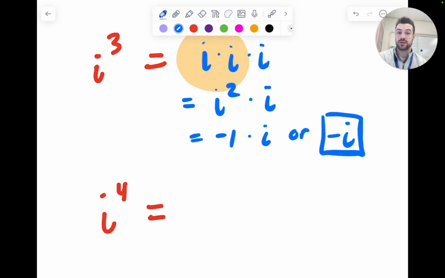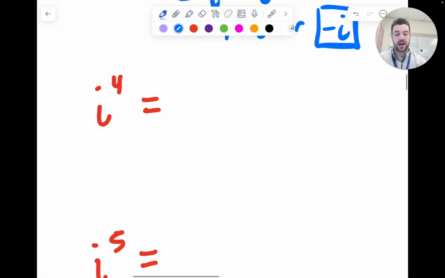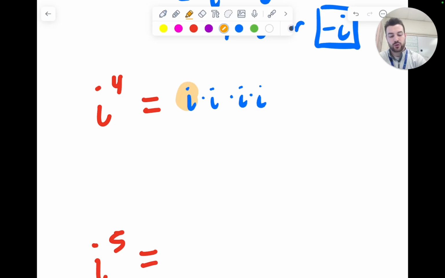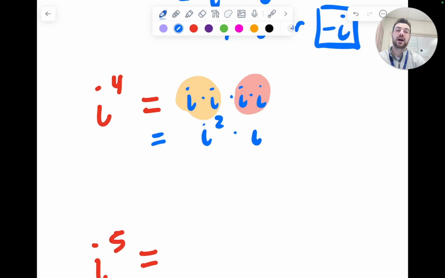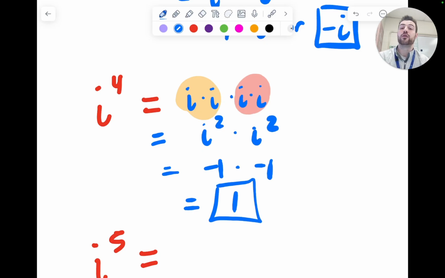I'm going to continue a similar process here. i to the fourth is i times i times i times i. Well, if we group them in 2's, we get i to the second times i to the second, and we know i to the second is -1. So we get -1 times -1, which is 1. So i to the fourth power simplifies to 1.